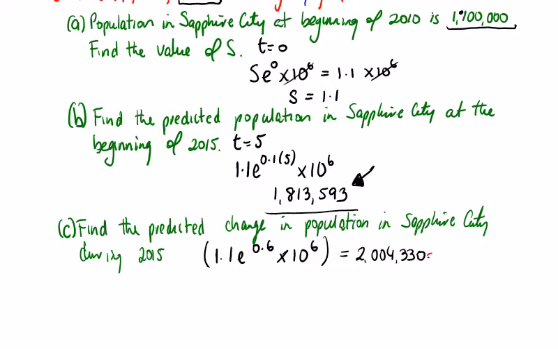But I'll round it off to 331. And then we're going to take away the previous answer, 1,813,593. And that was rounded off slightly too, and that's going to give me an answer of 190,738.